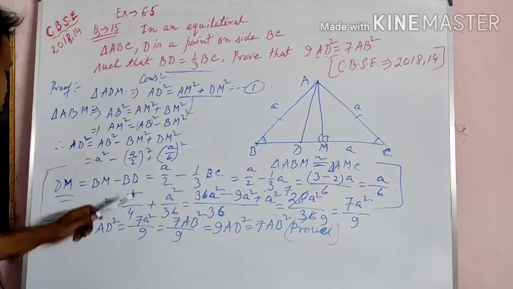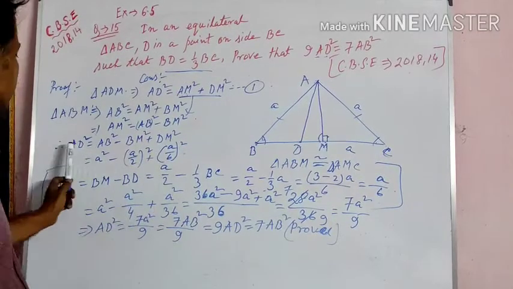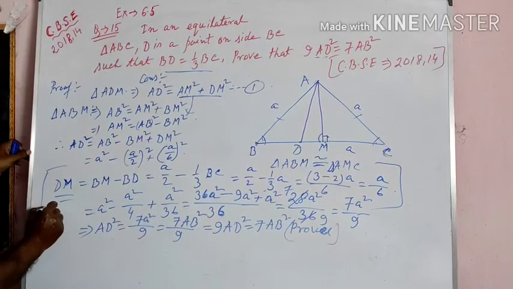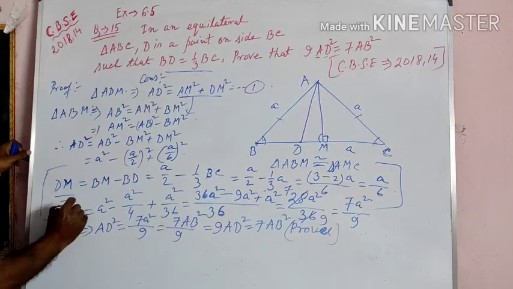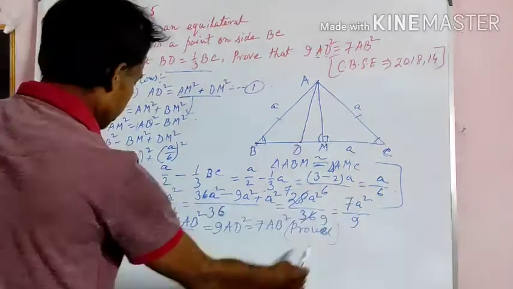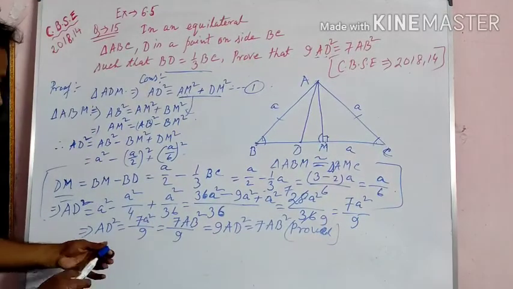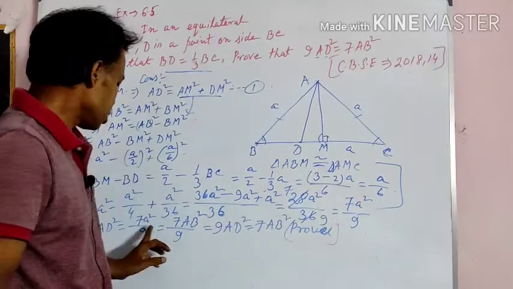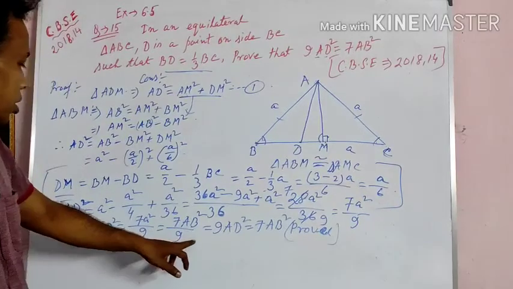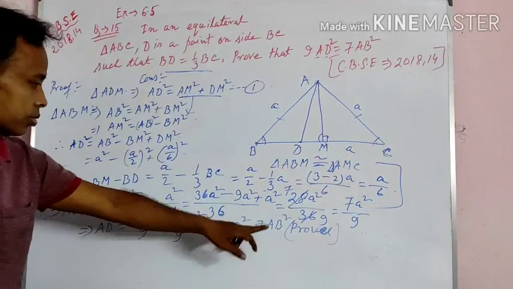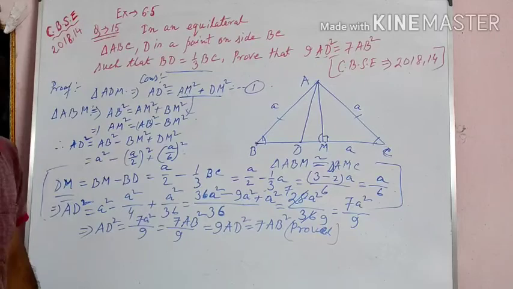So the value of AD square is equal to 7 A square by 9. Here A square is AB square, so 9 AD square is equal to 7 AB square. Very important. Next question.